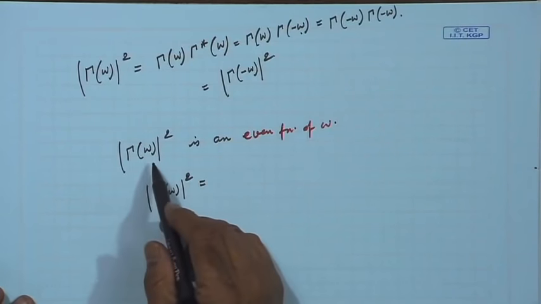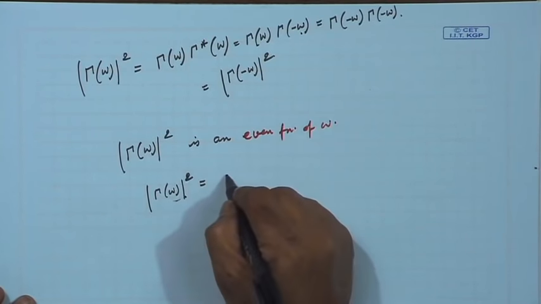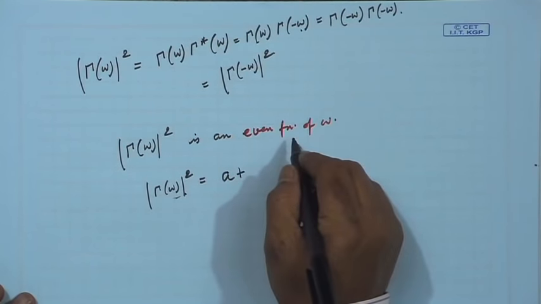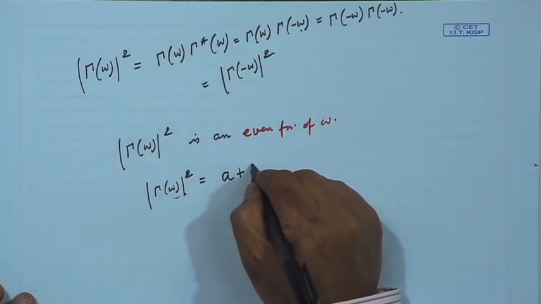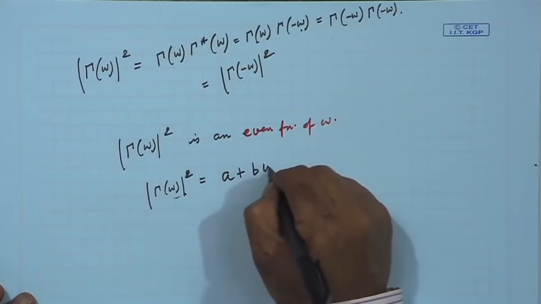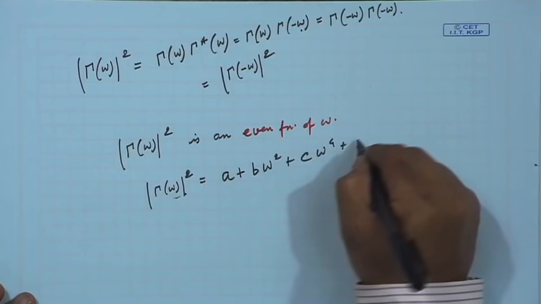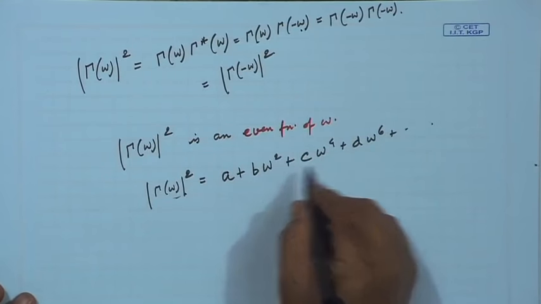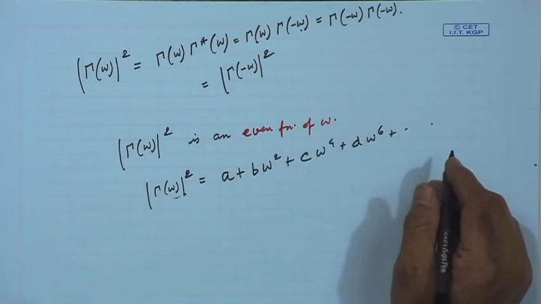For that we require to have these, but this says that these are of the type even function of omega, meaning all odd components are 0. That means it can have only a plus b omega square plus c omega 4 plus d omega 6, etcetera. No omega 1, omega 3 like that terms.